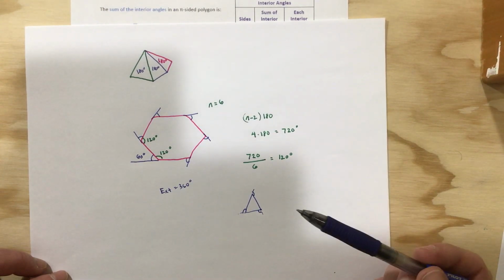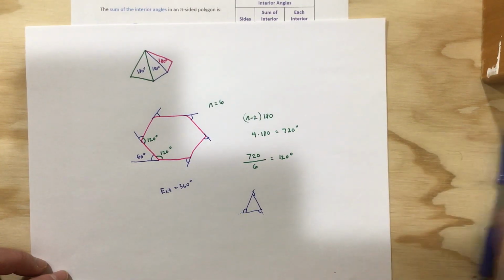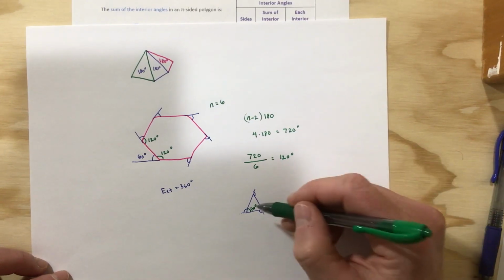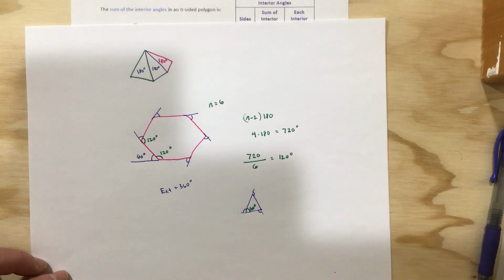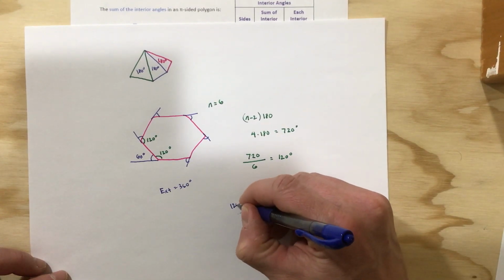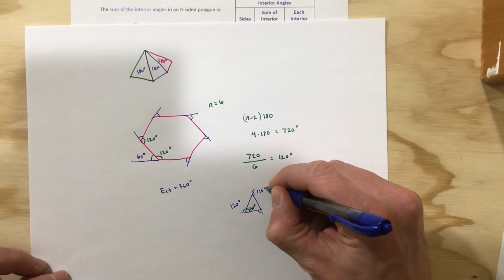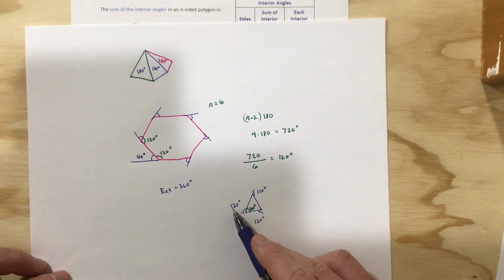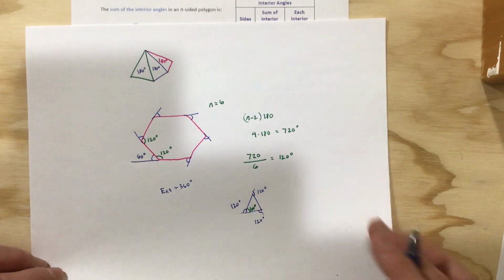If it's a triangle, then we know that the interior angles are 60, 60, 60 because it's got a total of 180. But the exterior angles actually have to be 120. Well, yeah, because if you only turn 3 times and you've got to go all the way around to 360, each one of them would in fact have to be 120.